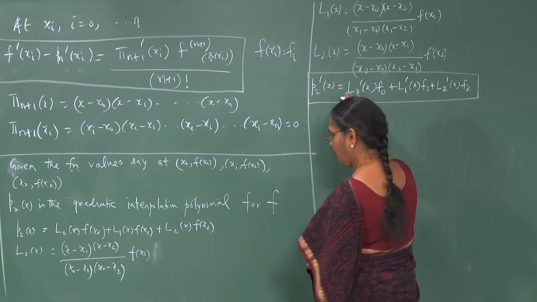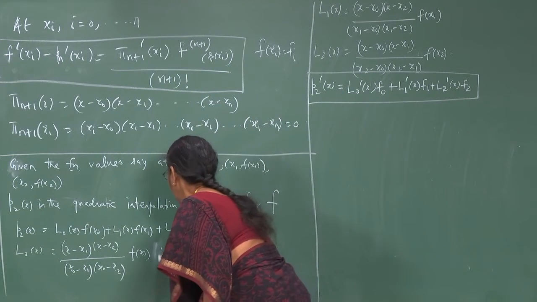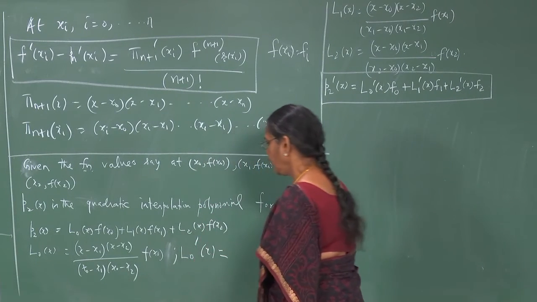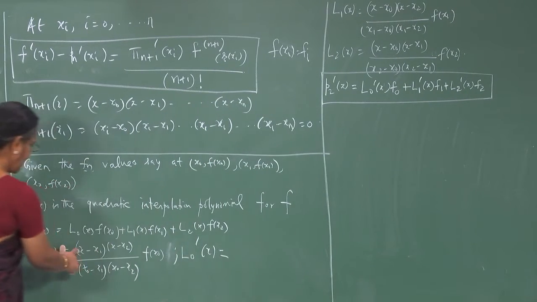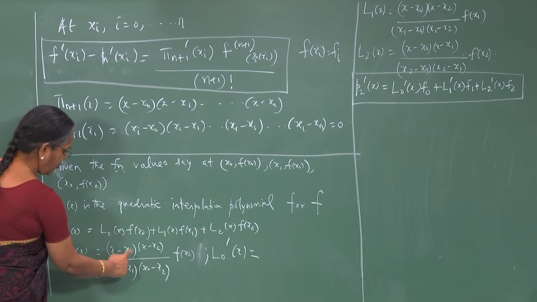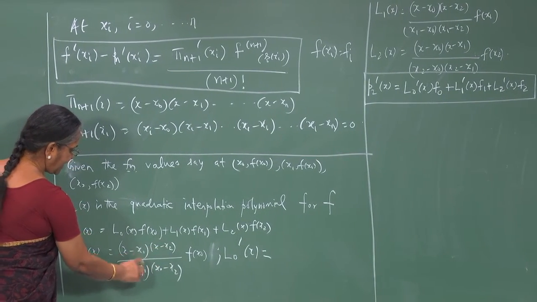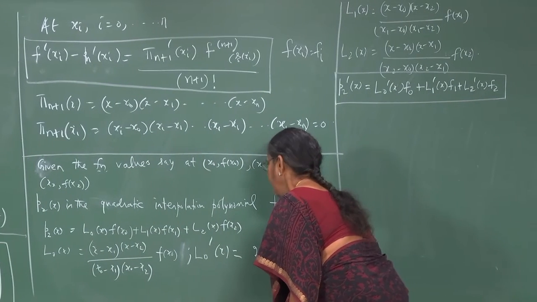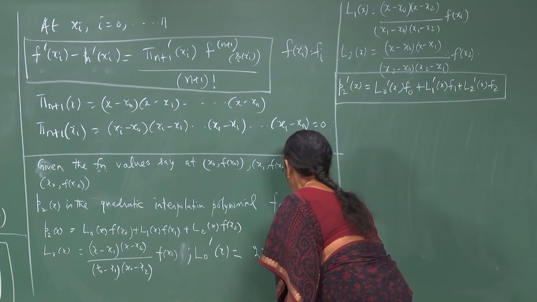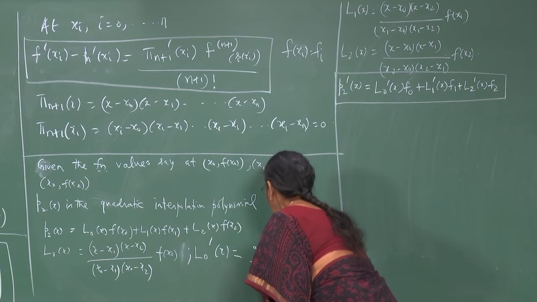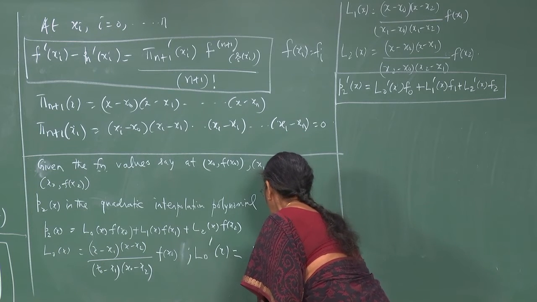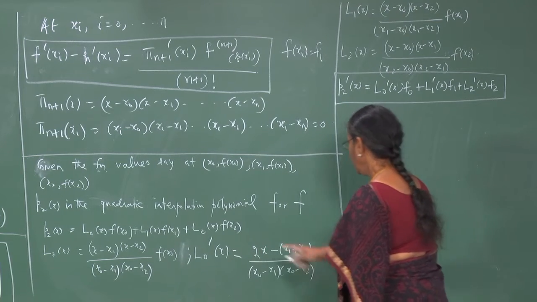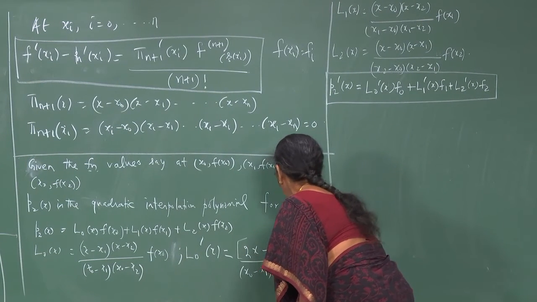So, let us work out the details for L0 of x. What is L0 dashed of x? The numerator is x square minus x into (x1 plus x2) plus x1 x2. When I take the differentiation, I get (2x minus (x1 plus x2)) divided by (x0 minus x1) into (x0 minus x2), and multiplied by f0.